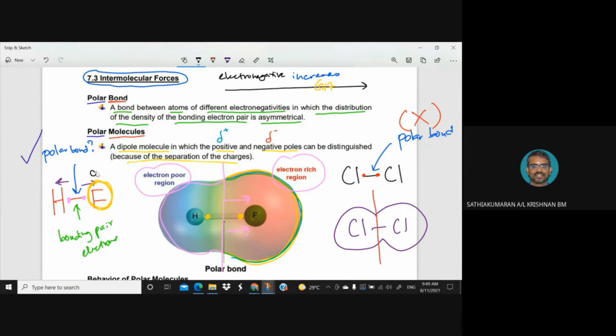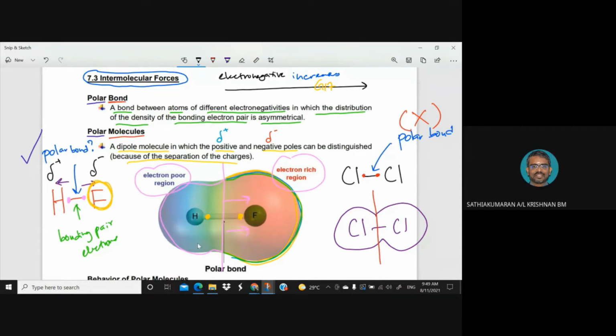So here will be delta negative. Why delta negative? Because more electrons are moving towards the fluorine. Hydrogen has fewer electrons because its electronegativity is lower than fluorine. So here will be the positive pole. Why positive pole?